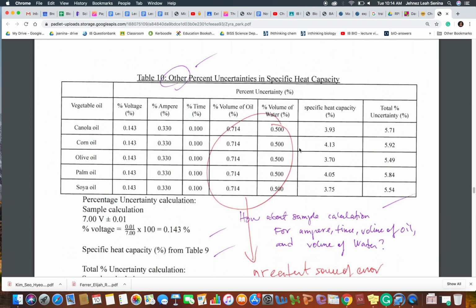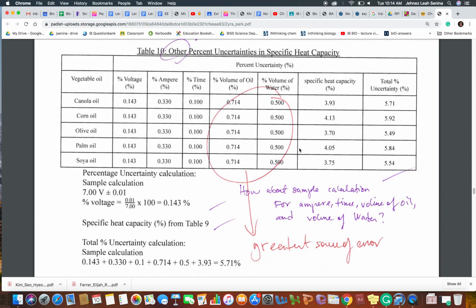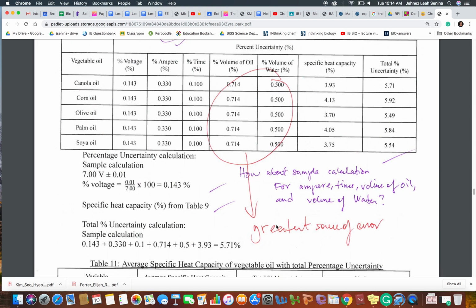Now in this table, you can actually comment. She forgot to comment on the variable that you measured that produced the most uncertainty. In her case, this one, 0.5%. That's really big compared to 0.1 in time, 0.14, 0.3. So I said here, comment that this is the greatest source of your error.